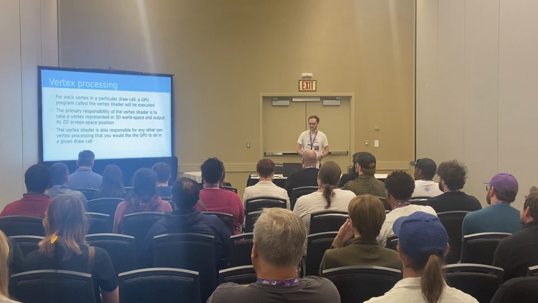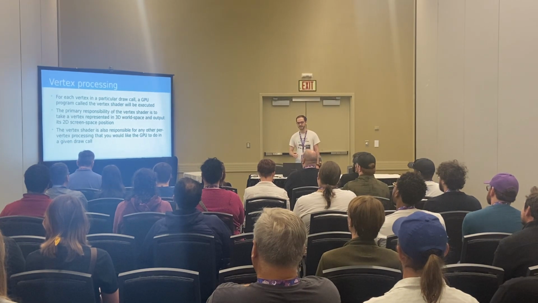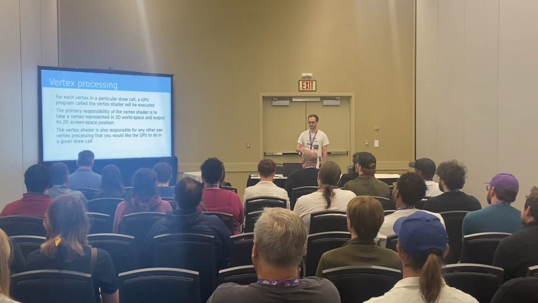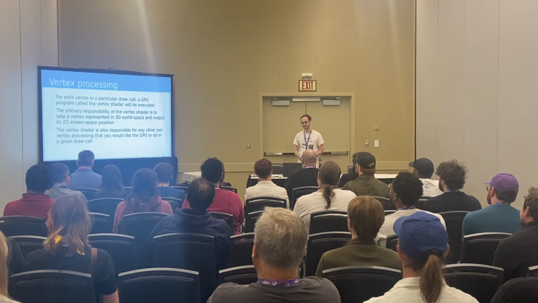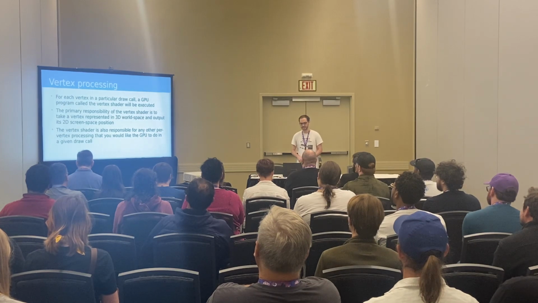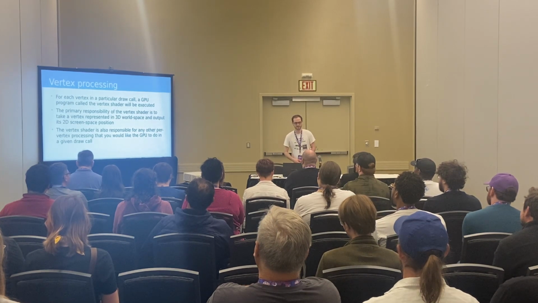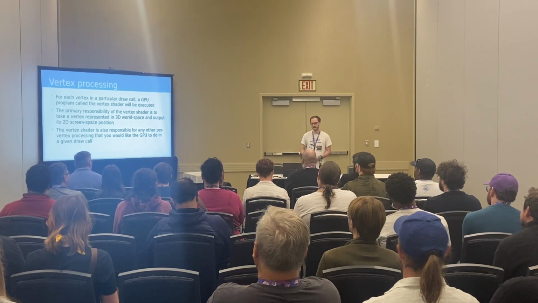But to be more specific, this vertex processing stage is defined by a piece of code called the vertex shader. The vertex shader is the code that defines what happens during vertex processing, and its primary responsibility is to take vertices represented in 3D world space and output them into 2D screen space.